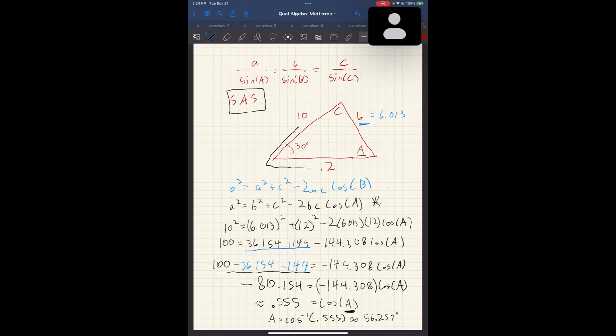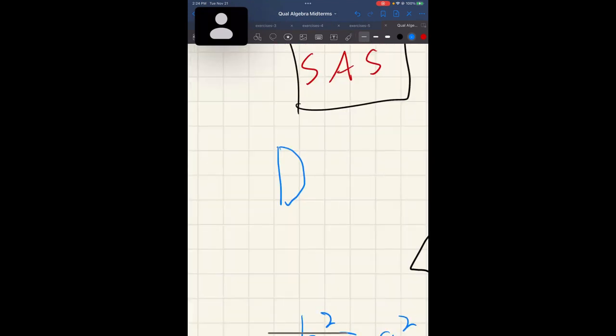Now you might be asking yourself, why are we not talking about the second possible angle? When we did law of sines, and we looked at sine inverse, then looking at the unit circle, sine inverse only gave me answers from negative 90 up to 90.